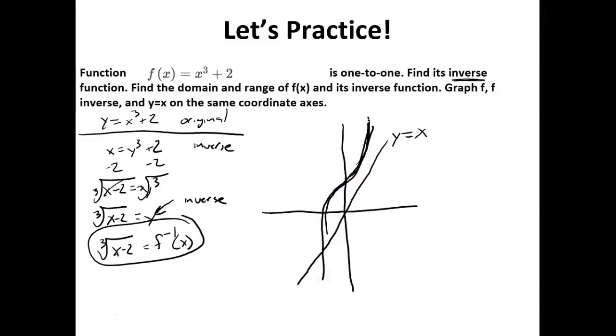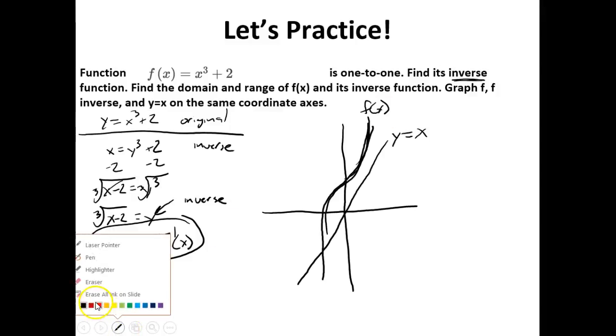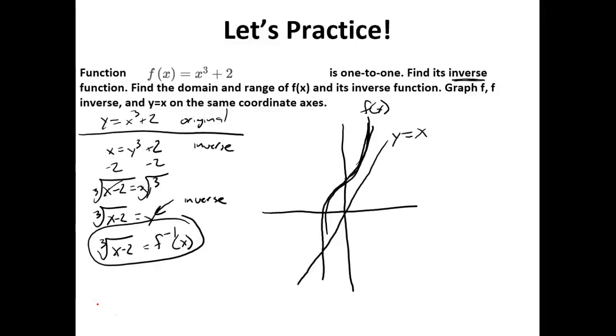And if we want to do the inverse then, so this is the original function, x to the third plus 2. The inverse is reflected over this line. So this point would be over here. This point would be over here. This point over here. This point would be over here. This point would be over here.